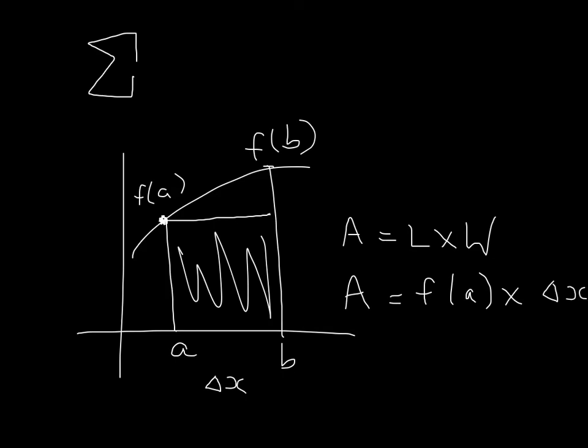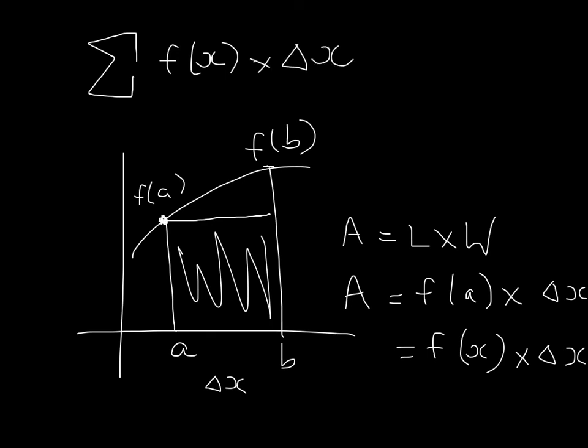Okay, and if we replace that A with the x value, whatever x value it is, it's f of x times delta x. So that's what they set up here. It's the sum of the rectangles where the height is f of x, and we're going to multiply that by delta x, which is the constant width across the bottom.